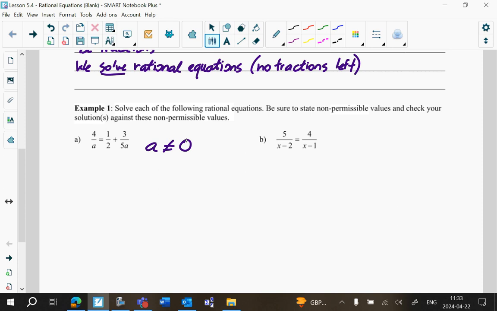Now, we got to multiply by the LCD to clear out the fractions. So we got to figure out what the LCD is. A, 2, and 5A. What is the smallest expression all three of those go into? 10A. Because the lowest common denominator of 2 and 5 is 10. And because we have some A's here, there has to be an A in the LCD as well.